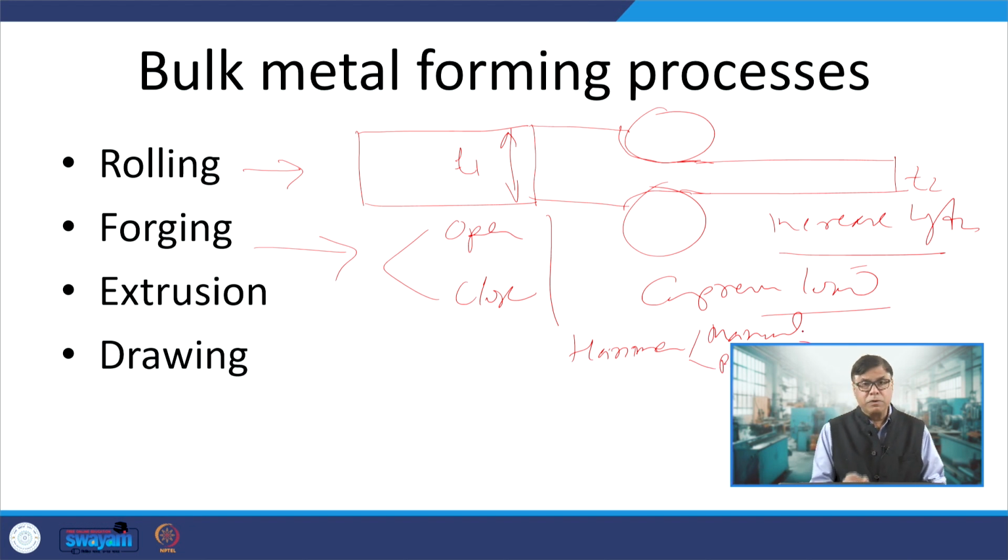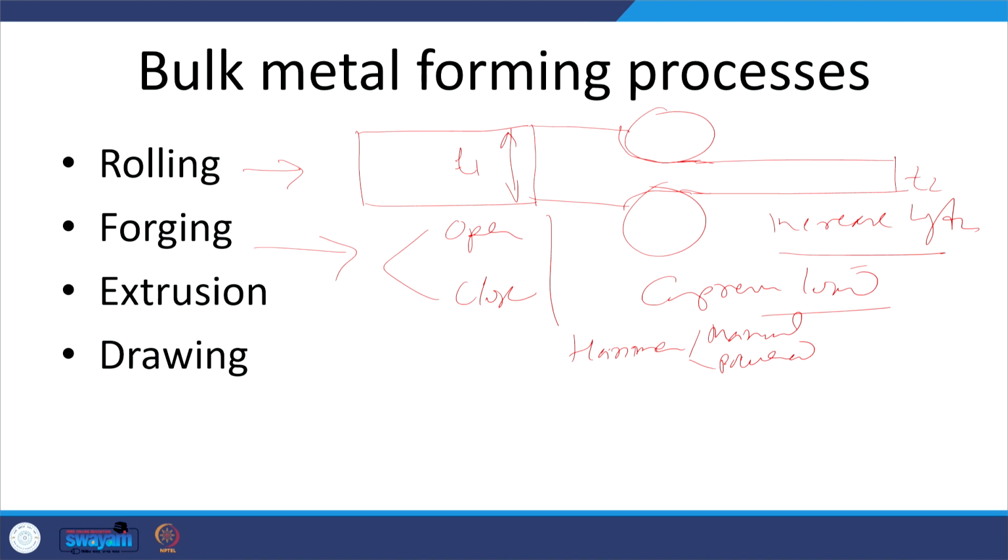So, the hammers will be continuously blown over the raw material to get the desired shape, and between the blows of the hammer the metal is manipulated in a controlled way to achieve the desired size and shape, okay. And the other one is where the material is subjected to a continuously increasing load.